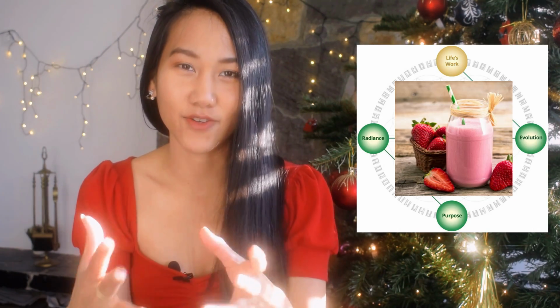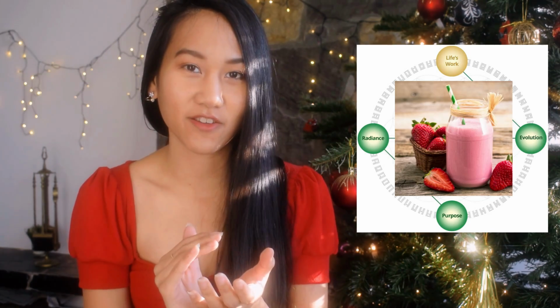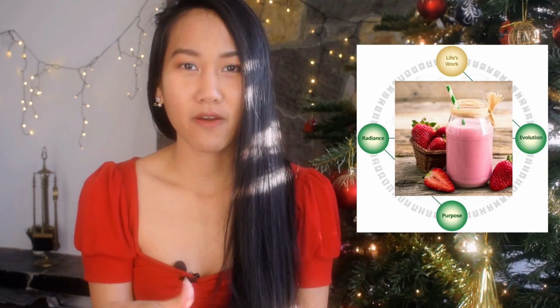And what you want to call this smoothie is your brand and your life's work. But the different ingredients that have to be mixed and blended and complement each other, that's a little bit challenging to do. Because you can't just mix, for example, strawberry with anything. You can't just mix spinach with anything. You have to choose the right combinations.